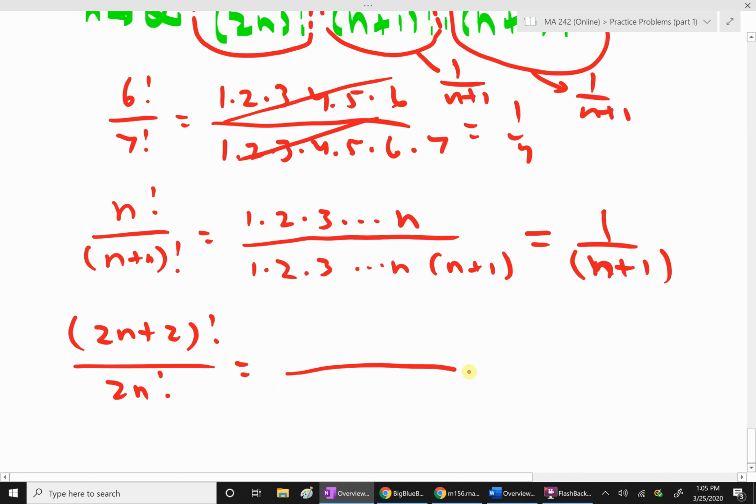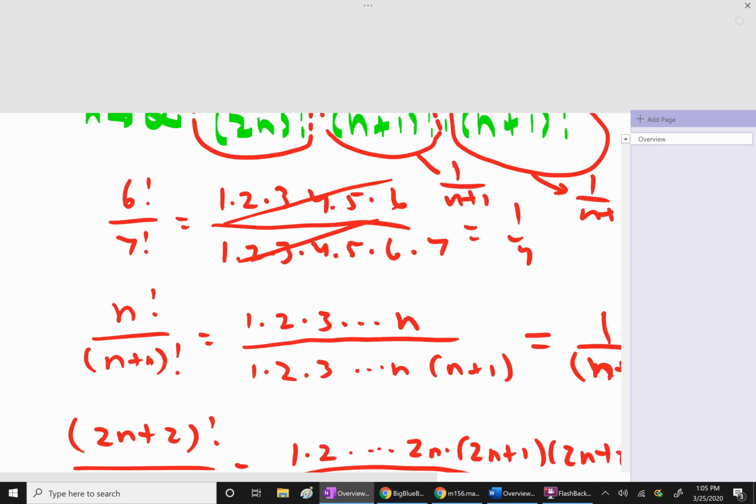So this looks like 1, 2, ... and I'm multiplying it out to 2n, right? This looks like I'm multiplying from 1, 2, ... 2n times 2n plus 1 times 2n plus 2, right? And of course, what happens?